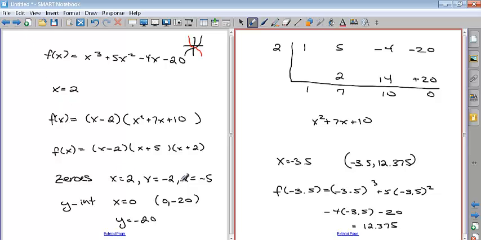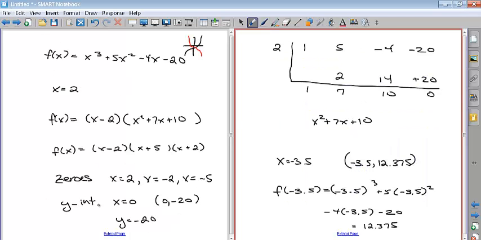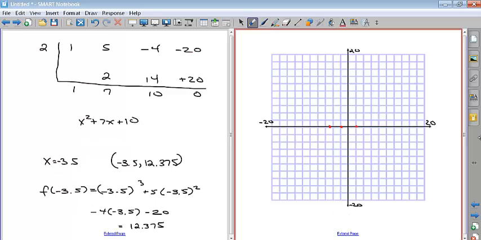It's negative 5, negative 2, and 2. Those are my x-intercepts. My y-intercept, which is along the y-axis, is negative 20. So we'll do that in green, negative 20. And at negative 3.5, which is right in the middle of these two, you get 12.375. So this is 2, 4, 6, 8, 10, 12, 12.375.